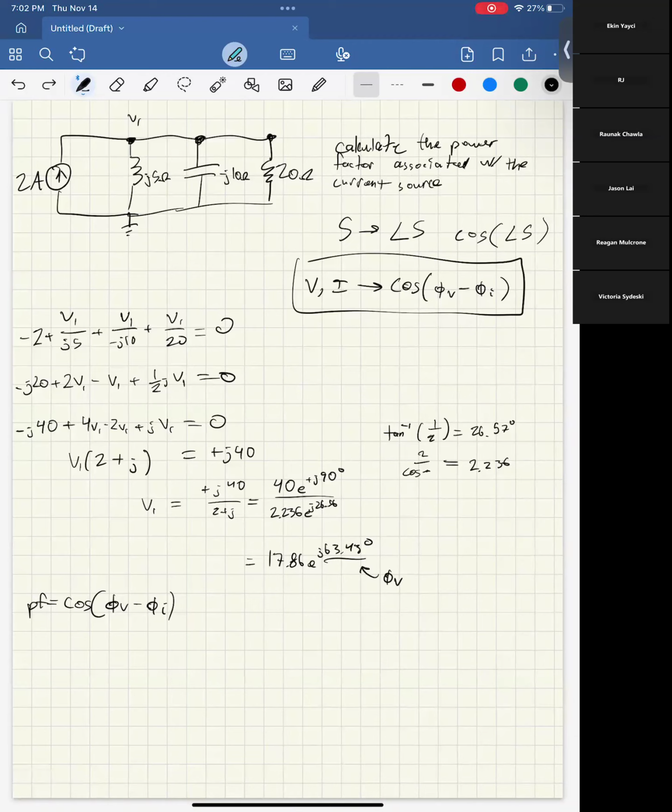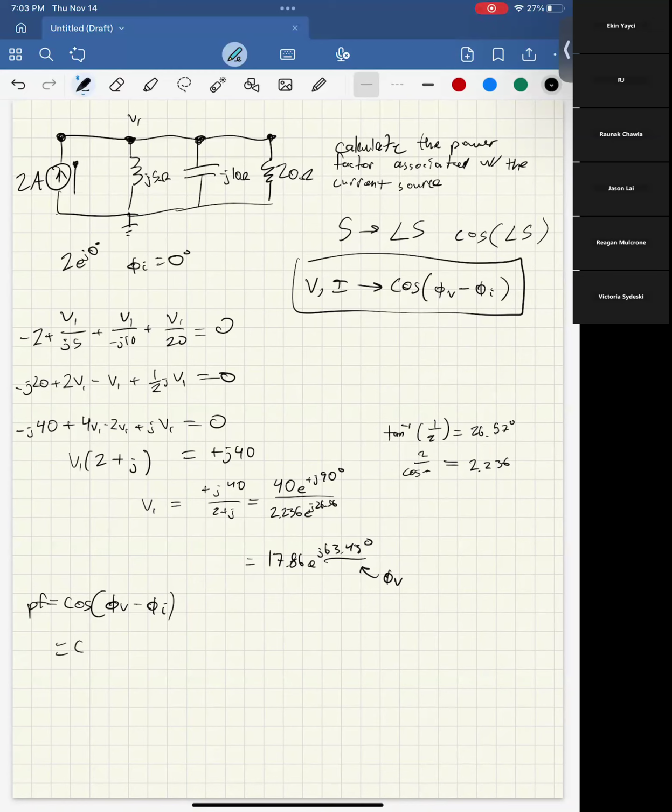So for the source, the voltage at V1 is going to be the voltage of the source. So if we have the voltage here, then it's very straightforward, because since we know the current, it's given, the current is 2 e to the j 0. So phi i equals 0 degrees.